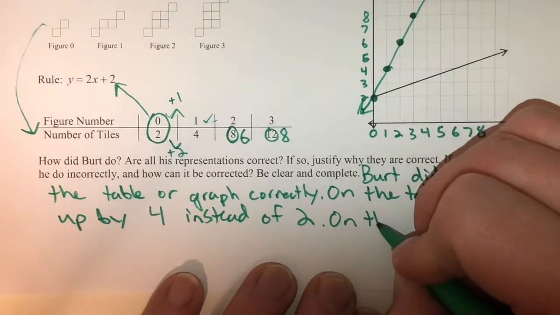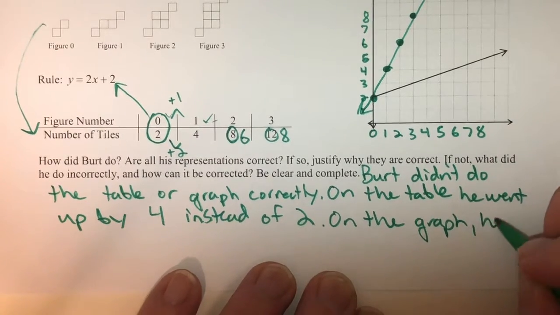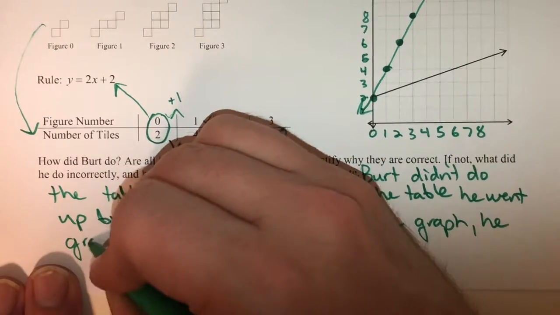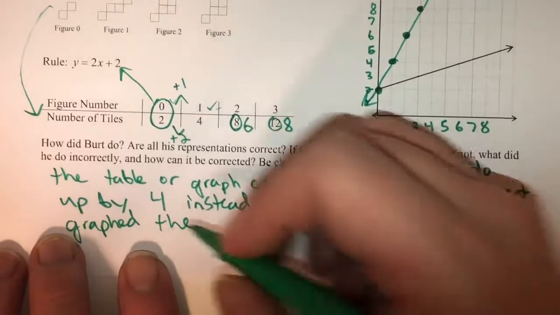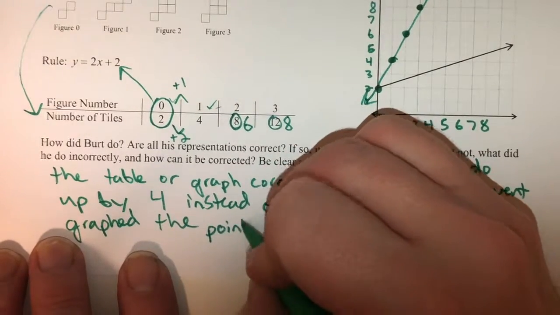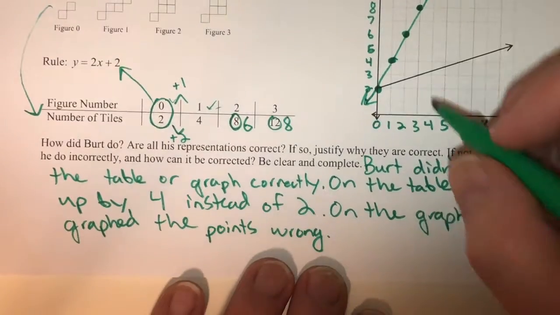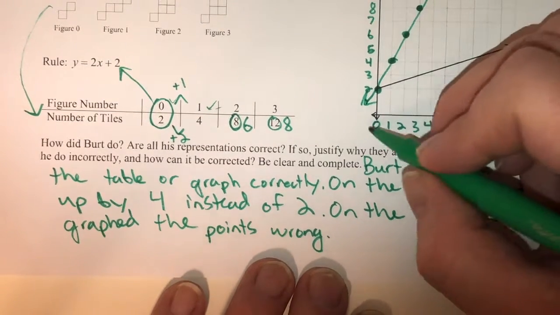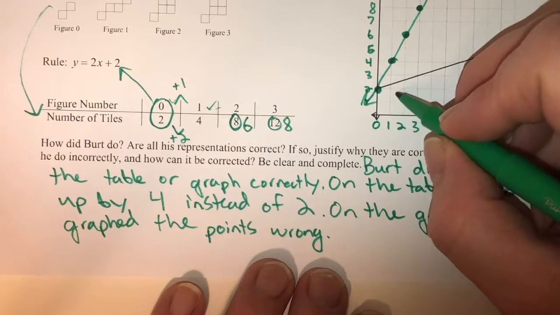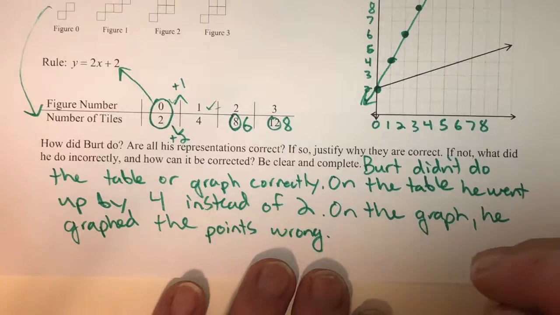On the graph, he graphed the points wrong. So it looks like the first point he messed up on was this 1, 4. He actually went over 1, up 2 and something. So you probably could say something about that.